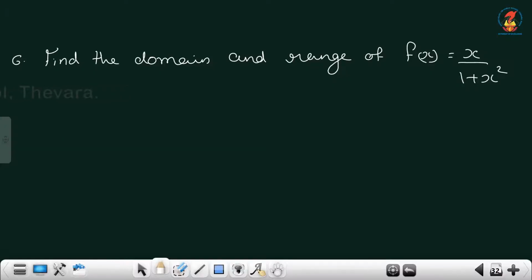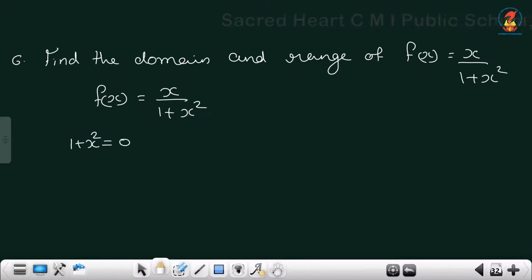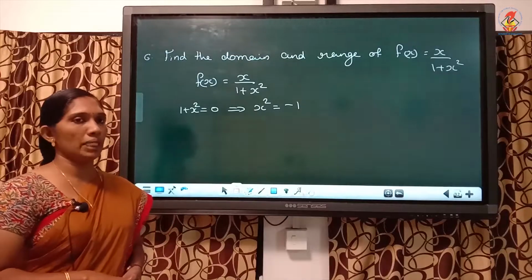Find the domain and range of f of x is x by 1 plus x square. It is a rational function. So for finding the domain, put the denominator equal to 0, which implies x square is equal to minus 1. So x is equal to plus or minus root of minus 1, that means an imaginary number.